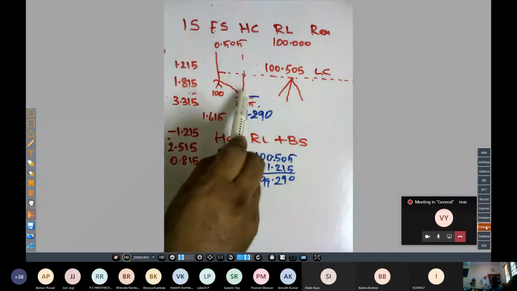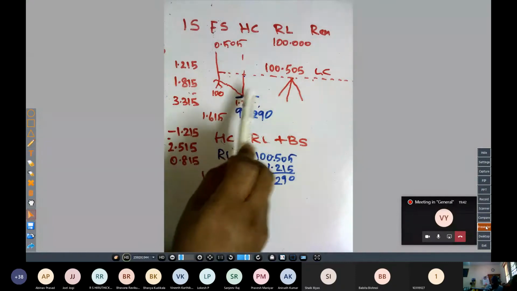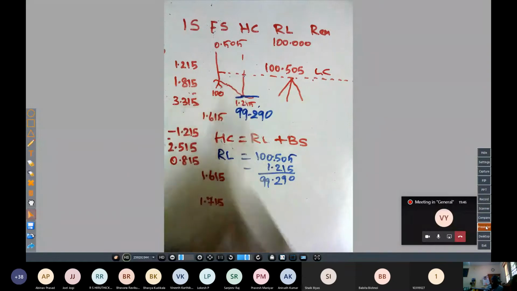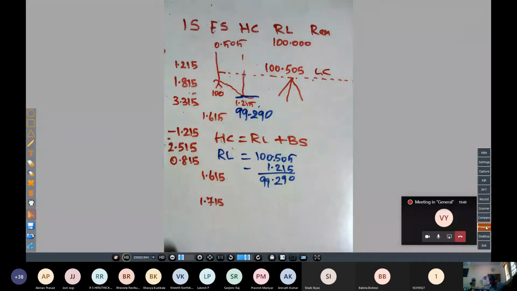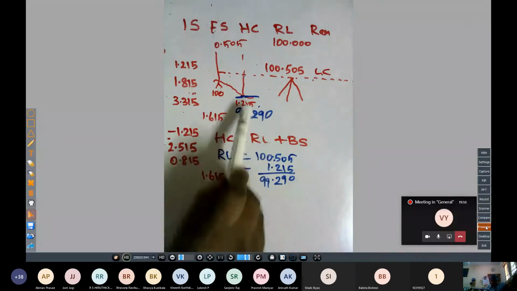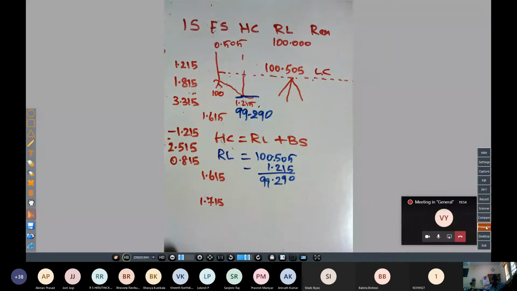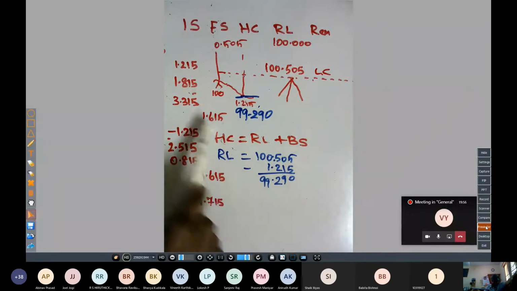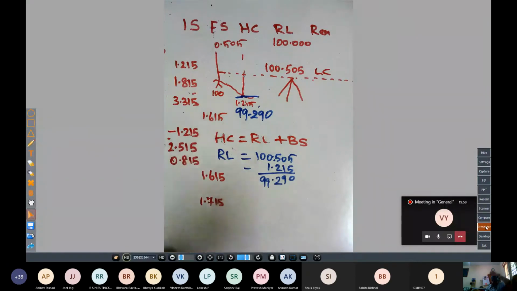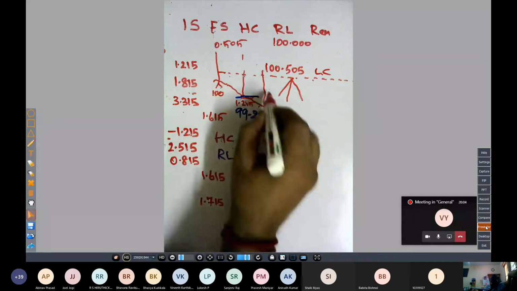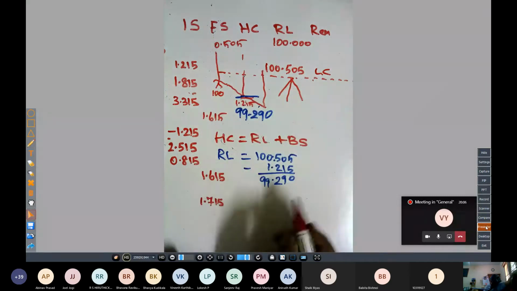So RL of this point, not that point. You are reading the scale, the value is 1.215. Finally you have come to this place, 1.615. So it is just dropping like this. So what is RL of that?